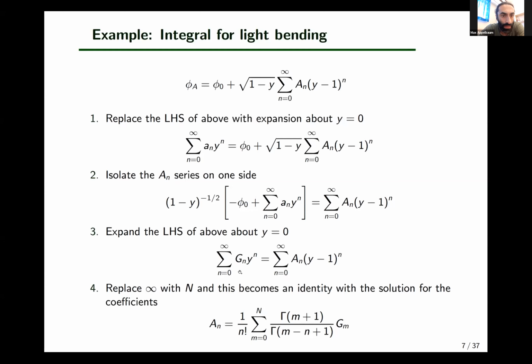Right. Okay. So from step 2 to step 3, we get G sub n, and that's something that's known because we know what the expansion is. We know what the lowercase a's are. We know what phi sub 0 is, and we figure out what the expansion of 1 minus y to the negative 1/2 is.